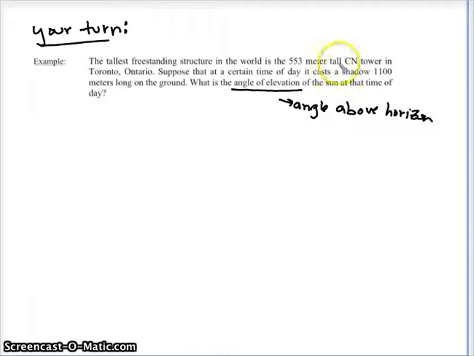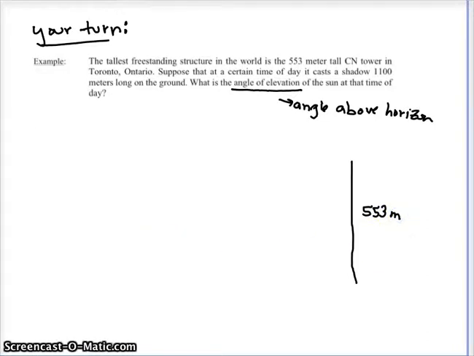All right, so we've got our freestanding tower, the CN tower. Since this question has been written, this CN tower has been knocked to the third tallest in the world. It's been knocked down a few pegs. Still a tall tower nonetheless. It's 553 meters tall.